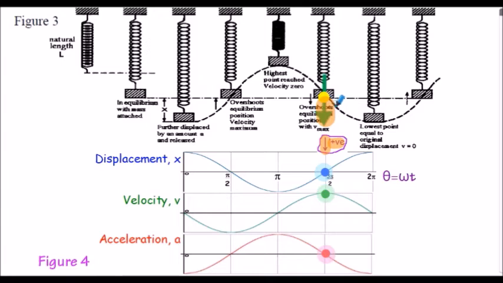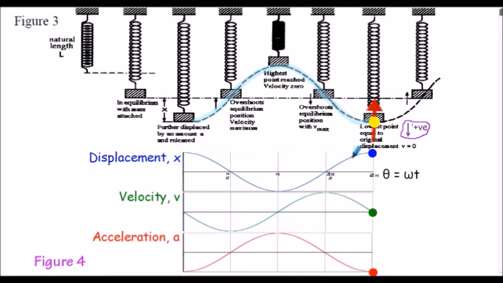The mass now again overshoots the mid position and returns to the lowest point in the system, which is equal to the original displacement x, where the velocity is again 0. So the value of x now returns to its original position when the cycle first started. We have 0 velocity at this extreme position, and we have maximum negative acceleration. So those are the characteristics of one oscillation of the mass spring system through its 2 pi radian movement.